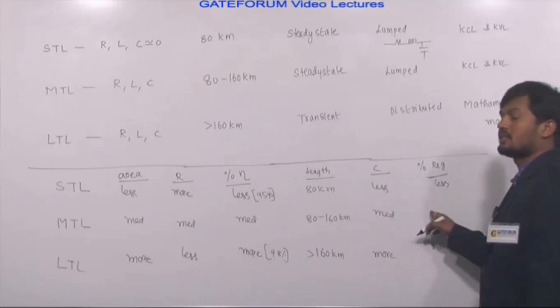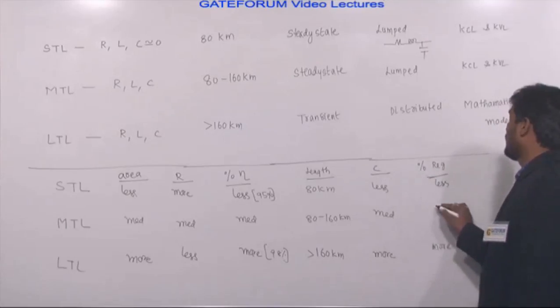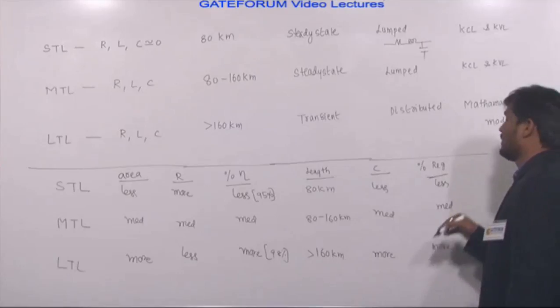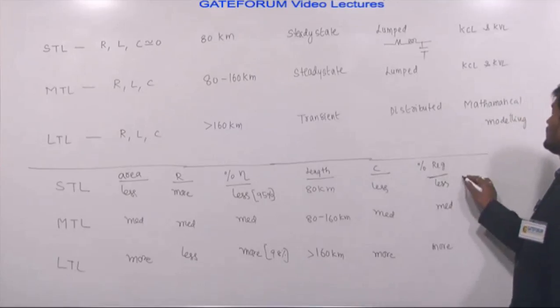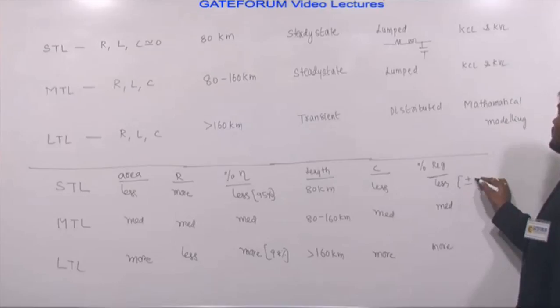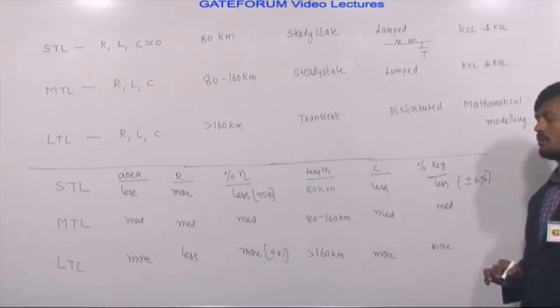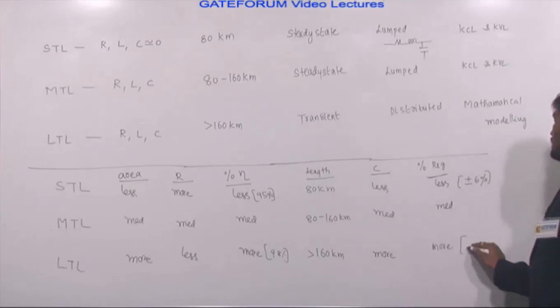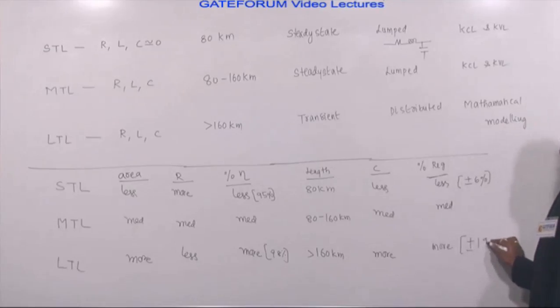The medium transmission line has a medium value, so regulation is also assumed medium. The change of voltage at the receiving end in the short transmission line is plus or minus 6% in practical values. The change of voltage at the receiving end for the long transmission line is plus or minus 12%.